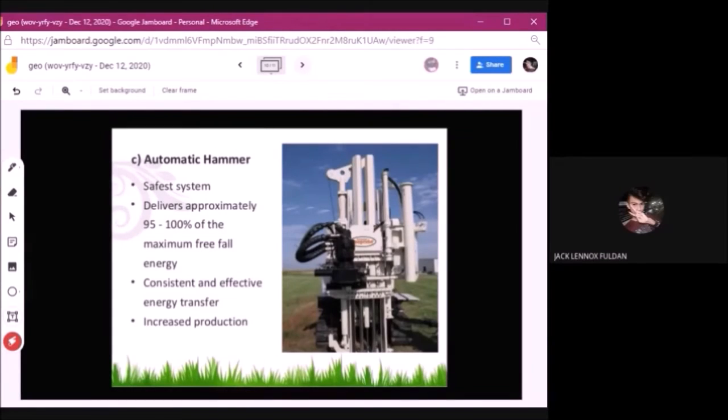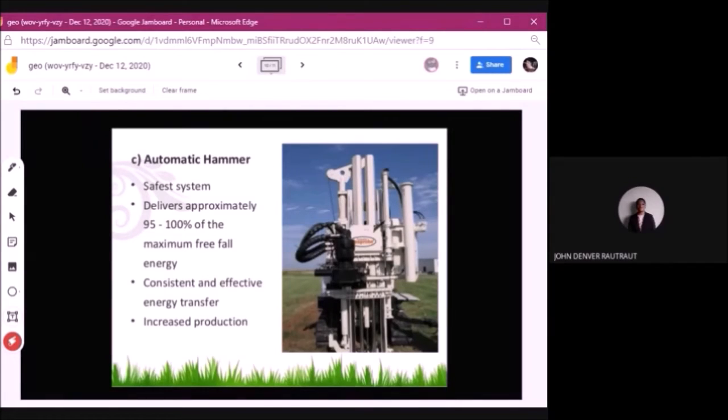The next is the automatic hammer, the safest system, which delivers approximately 95 to 100% of the maximum freefall energy, with consistent and effective energy transfer that increases production.